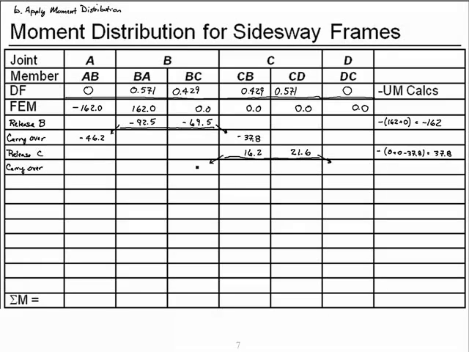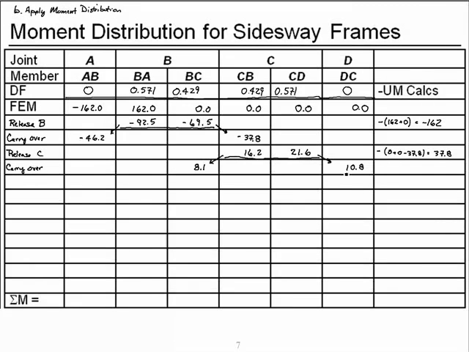And so half of that moment, a positive 8.1 foot kips, carries over to node B. Half of that moment, 10.8 foot kips, carries over to node D.